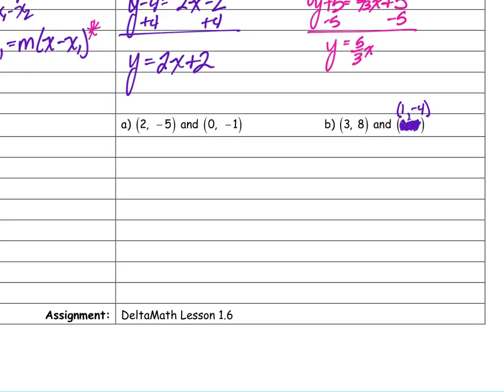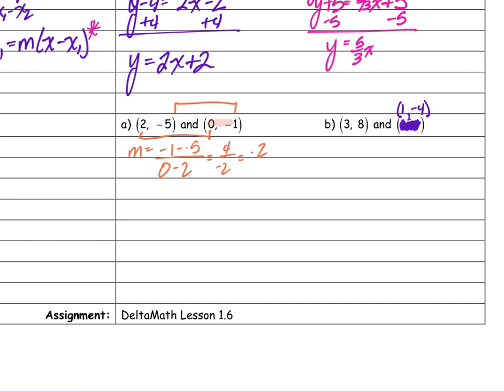So again, I want to find the slope. So m equals, and I'm going to go here and here. So -1 minus -5 over 0 minus 2. That gives me 4 over -2, or -2. And then I'm going to pick a point.